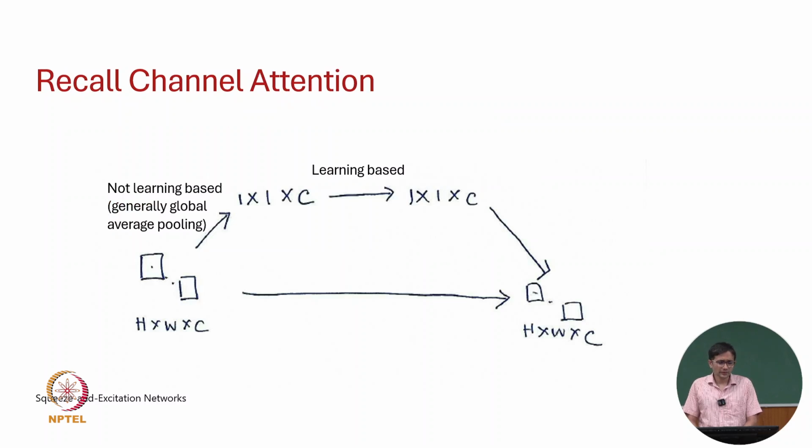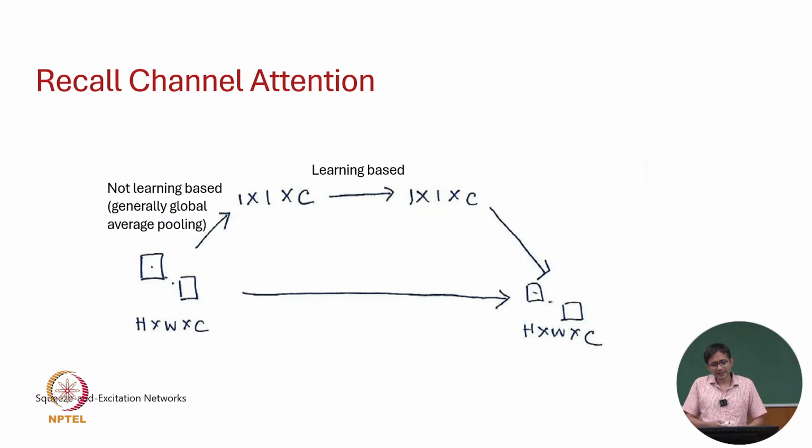Similarly, recall the case of channel attention, which we have already studied before. Given, let's say, an input of dimension h cross w cross c, in the first step we use some kind of pooling, let's say global average pooling, to convert it into 1 cross 1 cross c dimension.